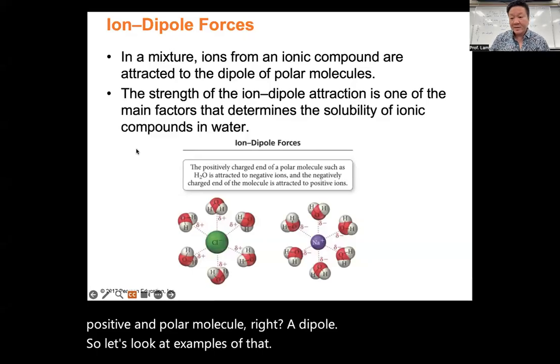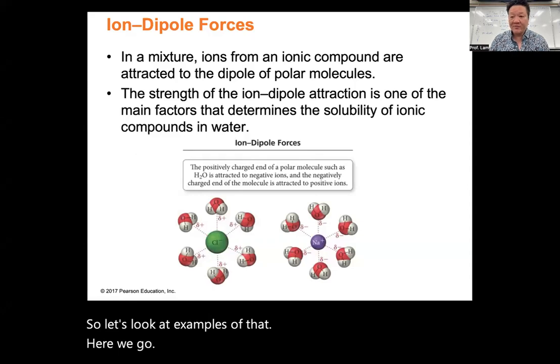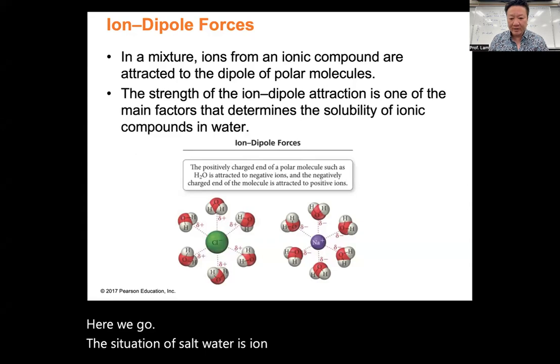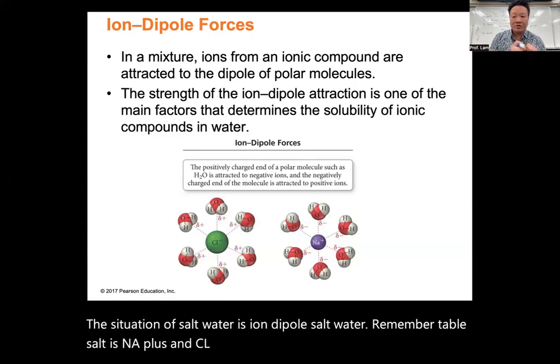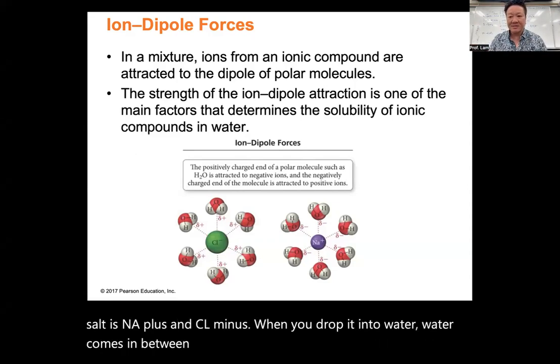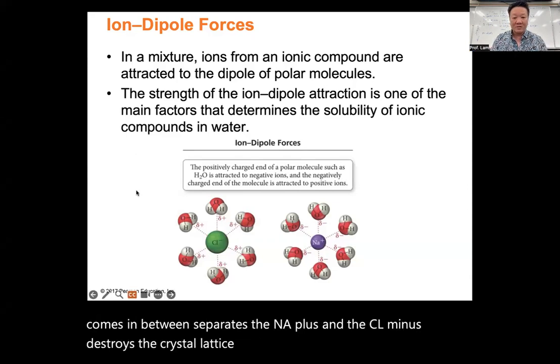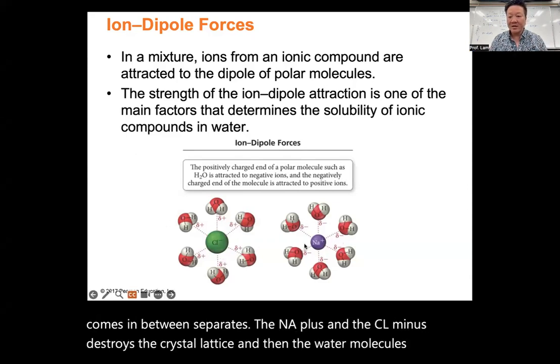Here we go. The situation of salt water is ion dipole. Remember, table salt is Na plus and Cl minus. When you drop it into water, water comes in between, separates the Na plus and the Cl minus, destroys the crystal lattice, and then the water molecules surround each ion.